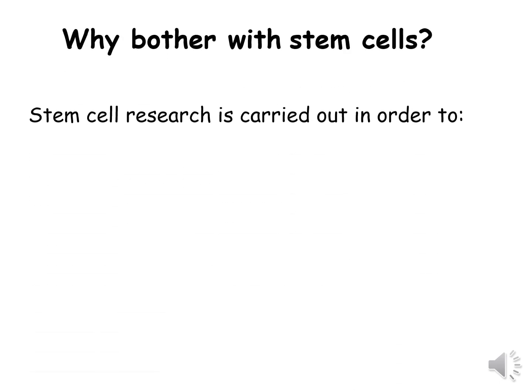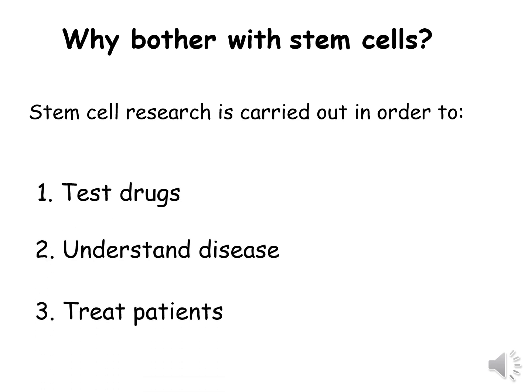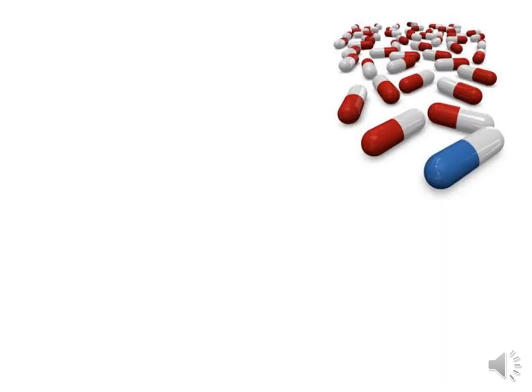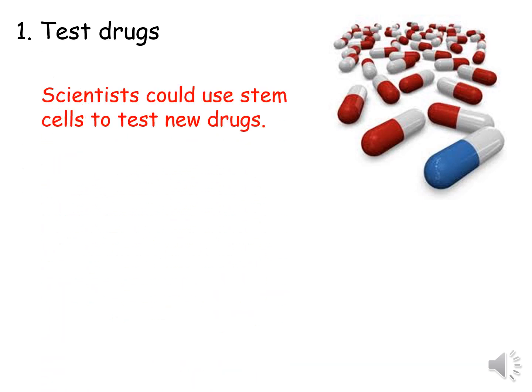So why bother with stem cells? Well, stem cell research is carried out in order to test drugs, understand disease and treat patients, and we're going to have a look at that in more detail now. Test drugs. What if, for example, a pharmaceutical company has come up with a drug that can help treat liver disease?